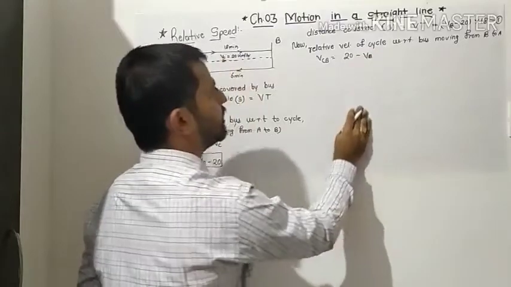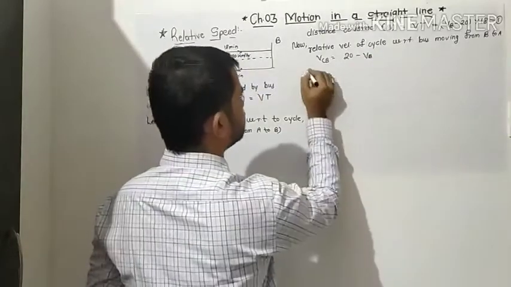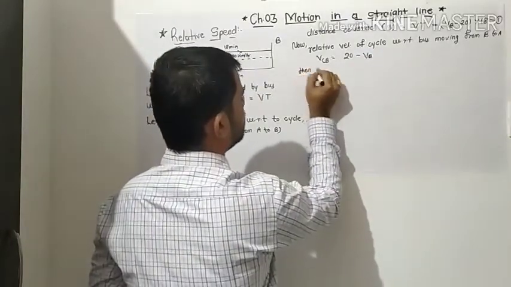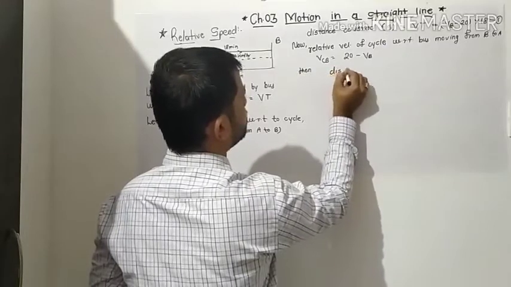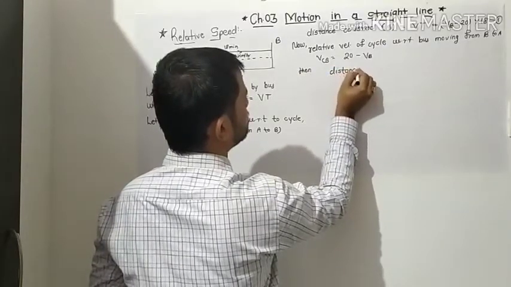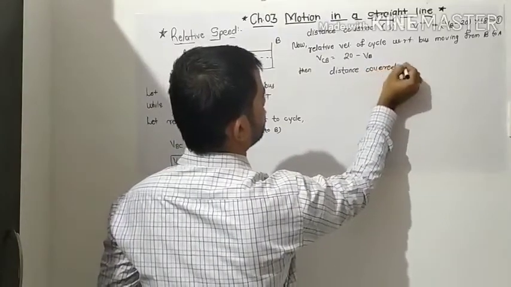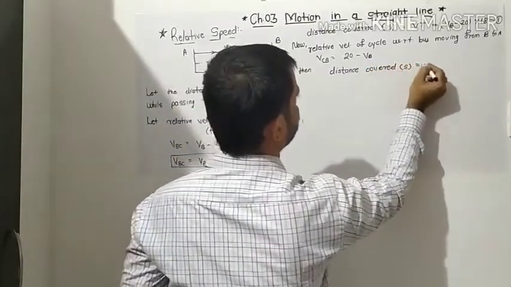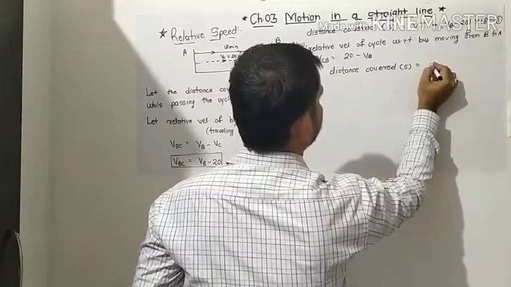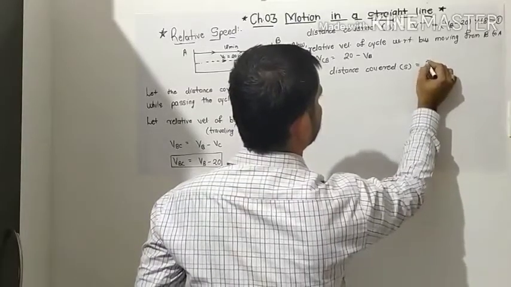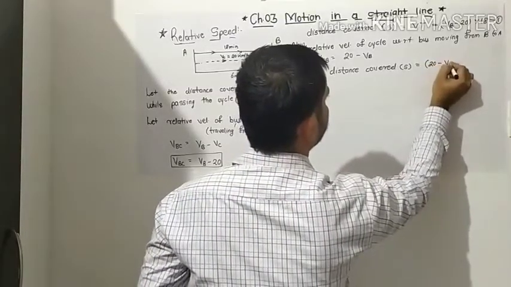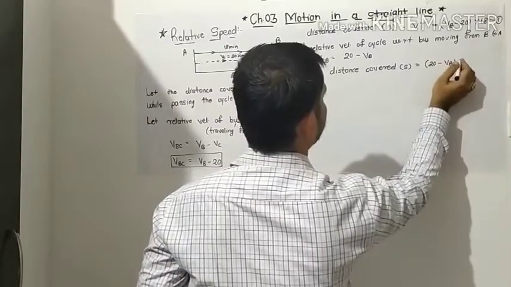Okay, 20 minus velocity of bus. Then the distance is equal to the distance covered by that bus, S is equal to 20 minus VB, or we can write here.